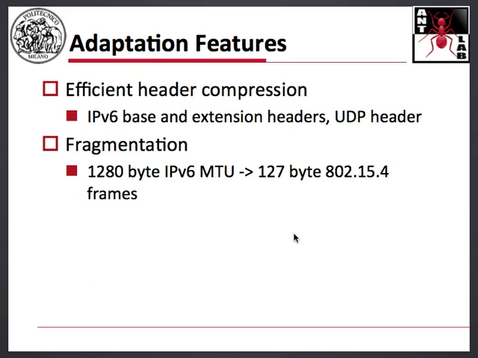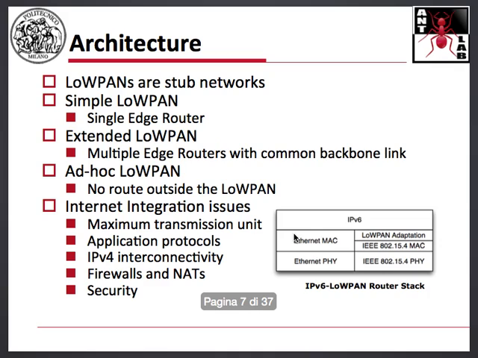What kind of adaptation features do we have in that thin layer? We have two of those. The first one is header compression. As we will see, IPv6 has a very long header, with a big size, which does not fit very well into the limited size of the layer 2 PDUs, packet data units, frames.